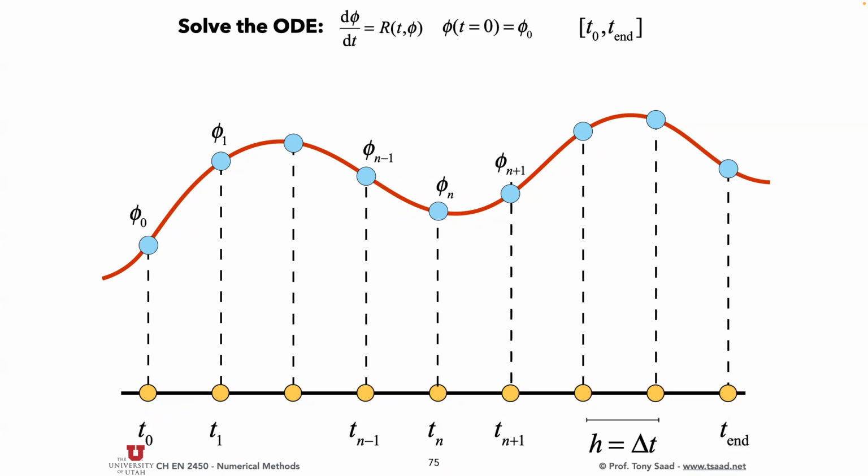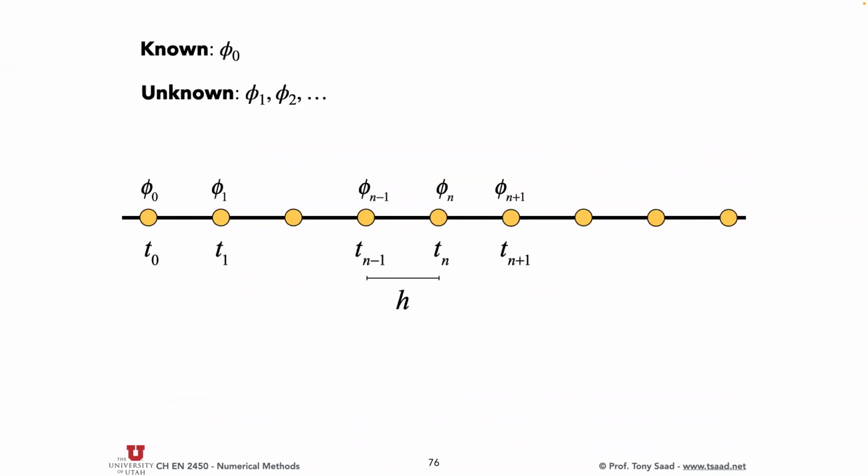We haven't done anything so far except define a few things. So I'm going to put phi0 at t0, phi1 at t1, and then phi n at tn. Those are the discrete values that we are trying to compute.